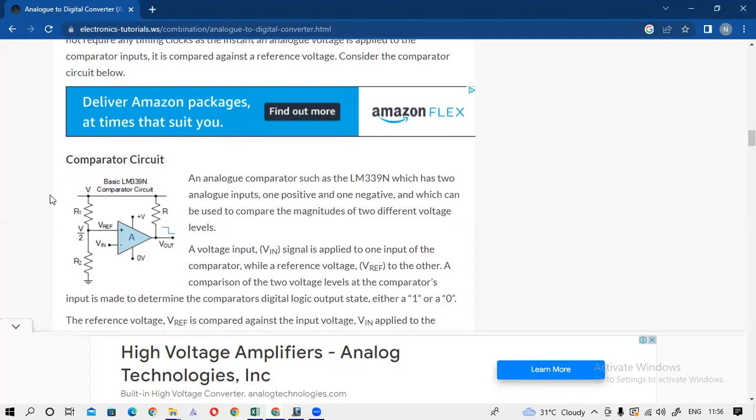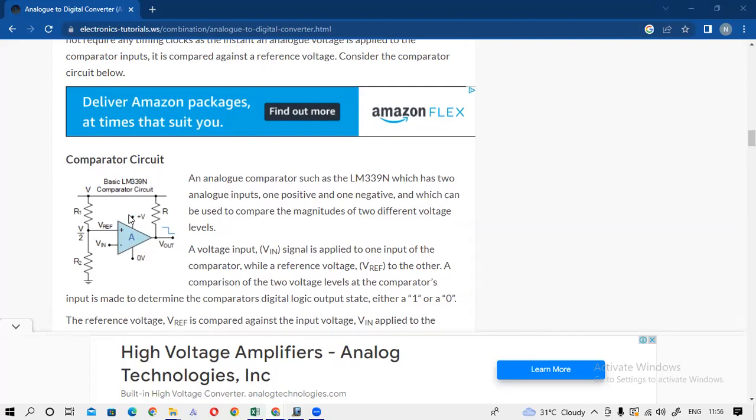So actually, using this circuit, we can build an ADC very easily. Please tell me, are you familiar with this circuit? Can anyone give feedback?